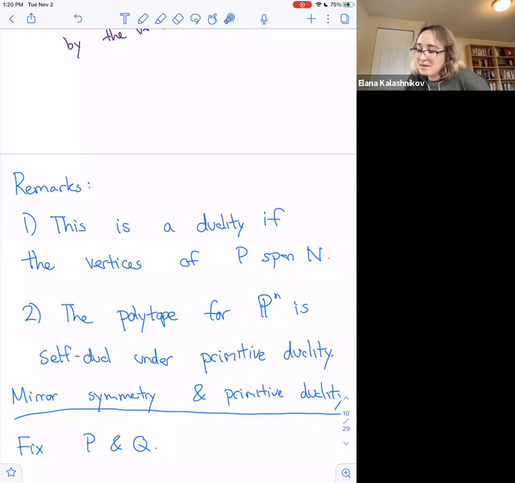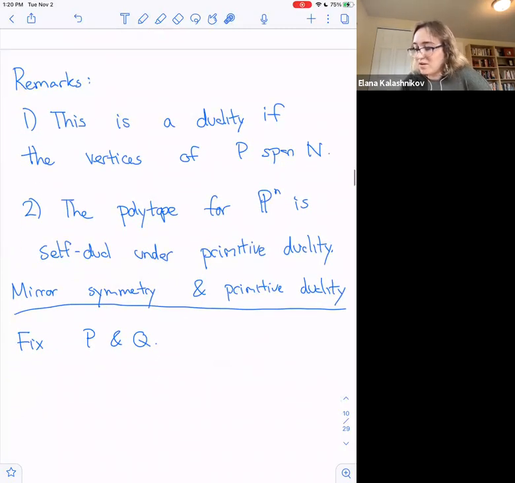And this gives an explanation for why in the Greene-Plesser constructions, you see projective space on both sides of the mirror, granted with a finite group on the other side. So let me explain that a bit further. How do mirror symmetry and primitive duality relate?